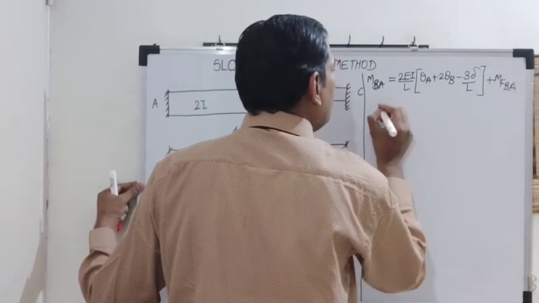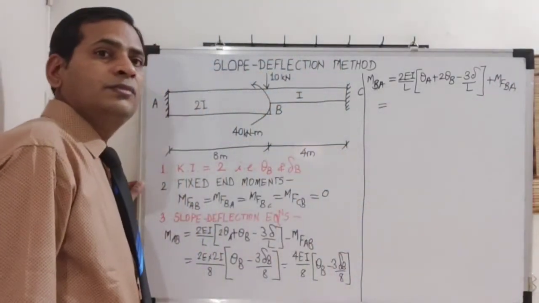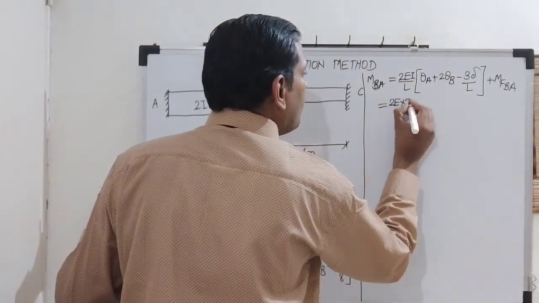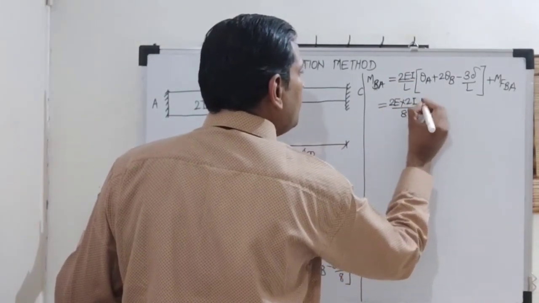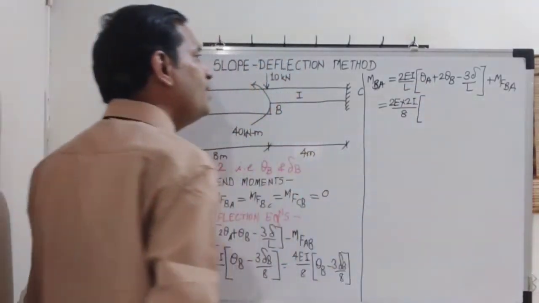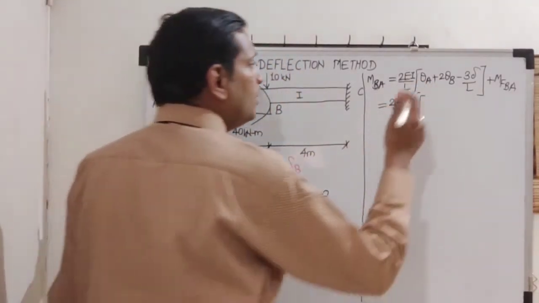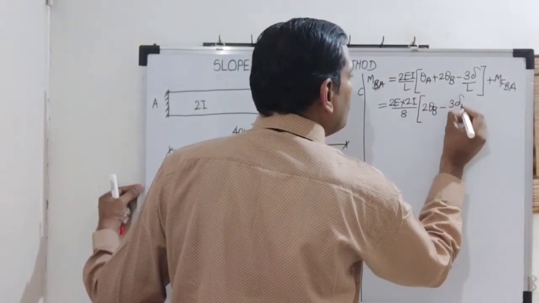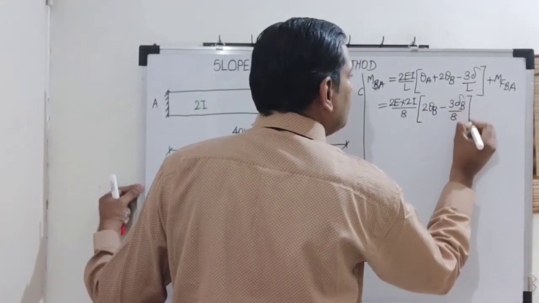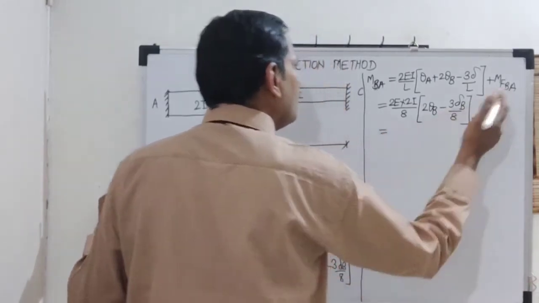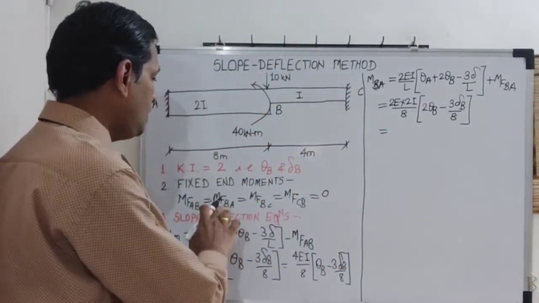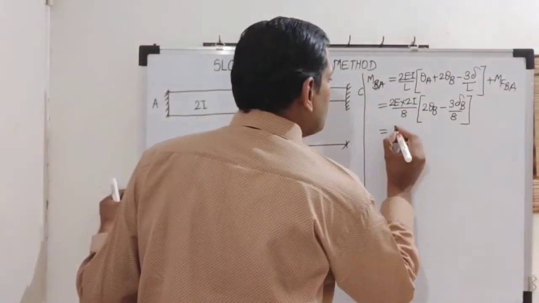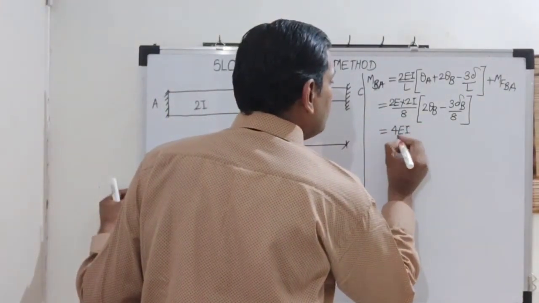This is our equation. So again 2E into 2I upon 8 into bracket, again theta A is 0 for the fixed end, 2 theta B minus 3 delta B upon 8. MFBA is 0. So again simplify this. This is 4EI upon 8.